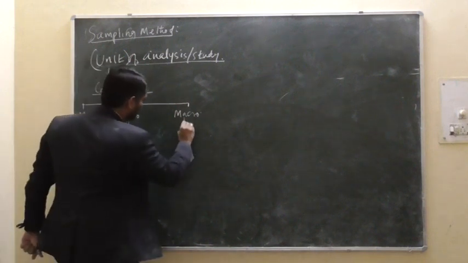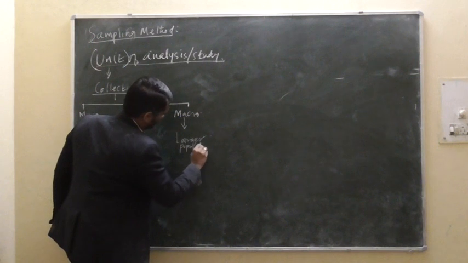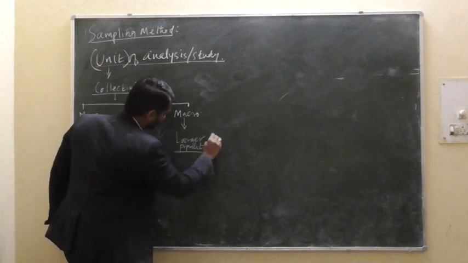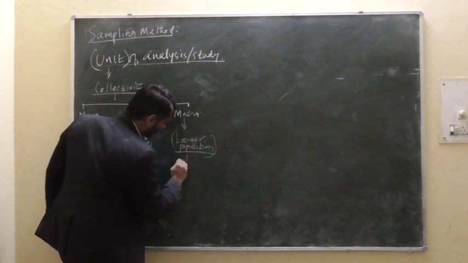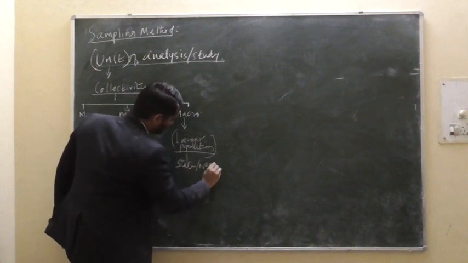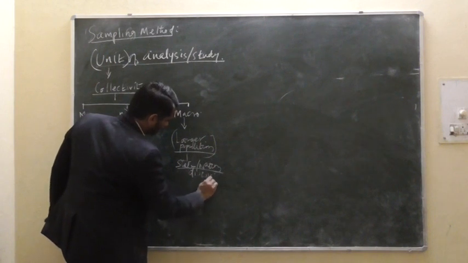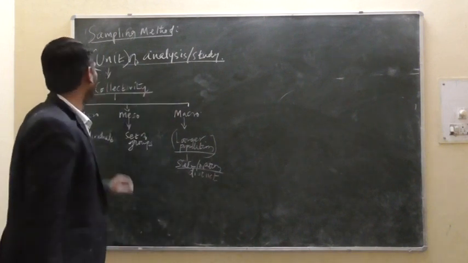The macro is the larger population. For instance, it can be at the level of the state, the nation, even the district.